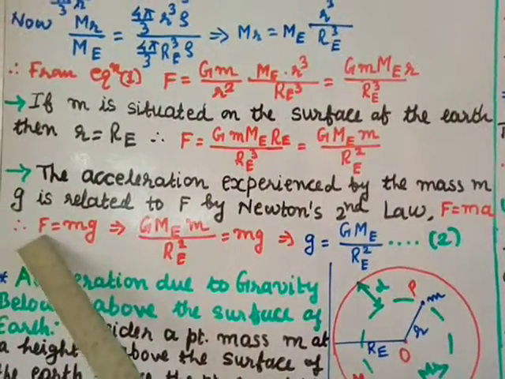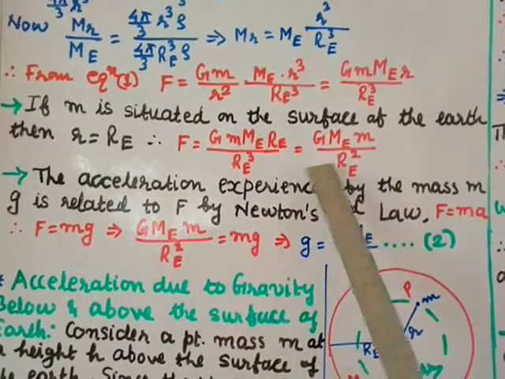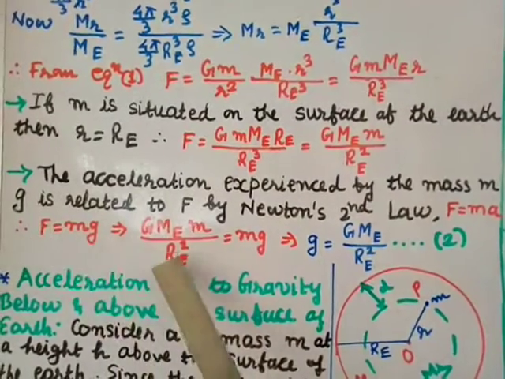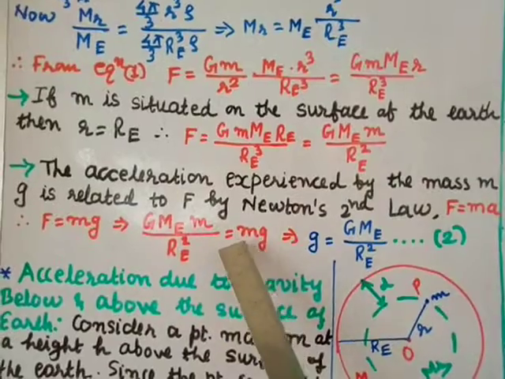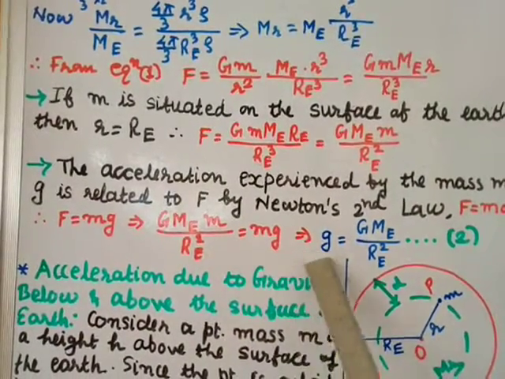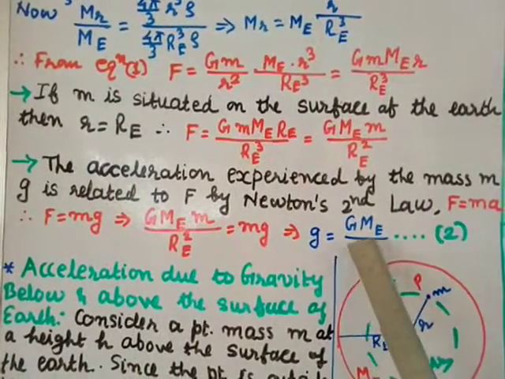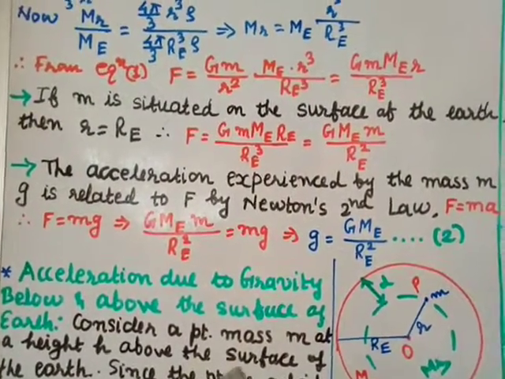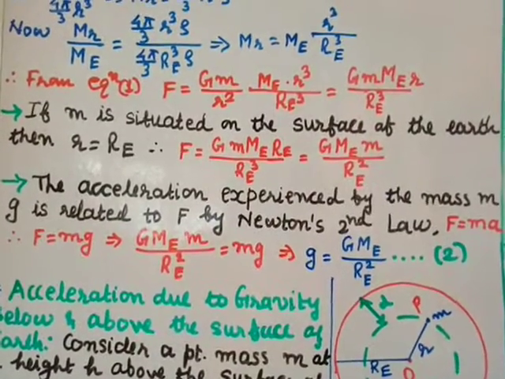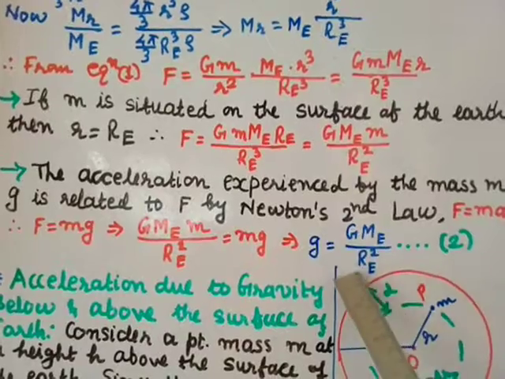This implies, placing the F value, GMm divided by r squared equals mg. If you transfer m over here, this m and this m cancel out, so you get g equal to GMe divided by r squared. Call it equation number 2. So the value of acceleration due to gravity we get as g equal to GMe by r squared.